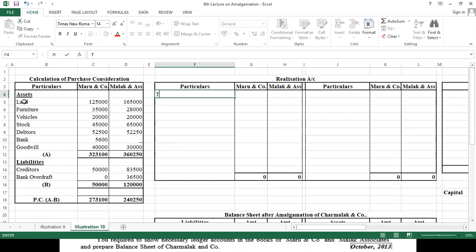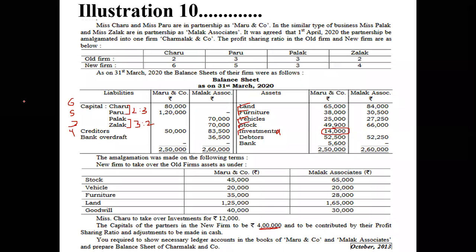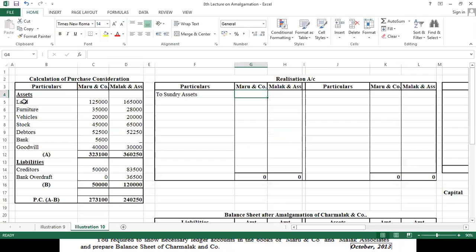So let's write down first of all in the realization account, to sundry assets. The values of assets are 2 lakh 50,000 and 2 lakh 60,000. And here I will write by sundry liabilities.